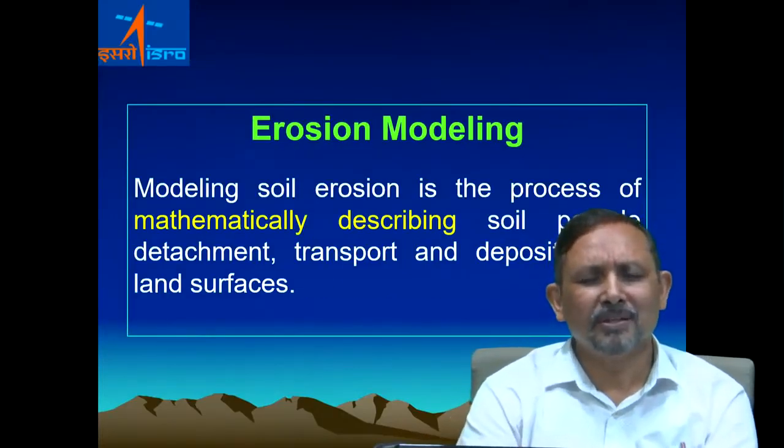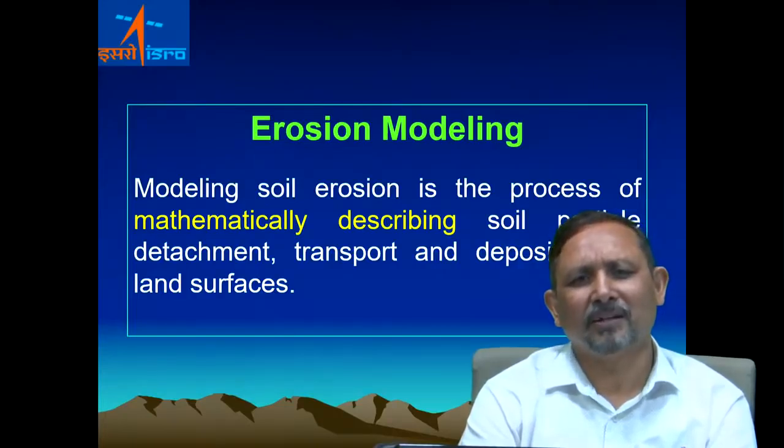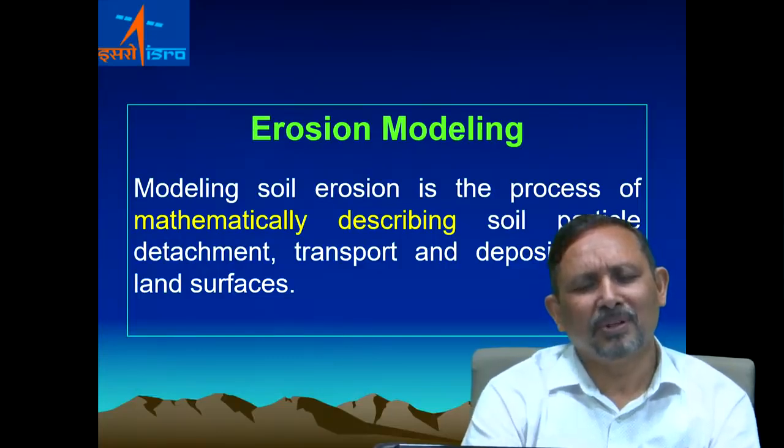So we are going to discuss how we can do the erosion models. A model is the process of mathematically describing soil particle detachment, transport, and deposition on the land surface. So modeling is a mathematical description of your erosion processes.